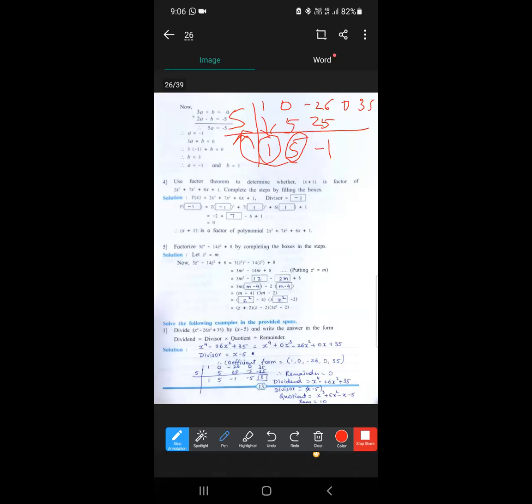Now again, minus 1 multiplied by 5 will be minus 5. So 0 minus 5 will be minus 5. Again minus 5 you multiply with 5, so minus 5 into 5 will be minus 25. Here I have written it, you can see.